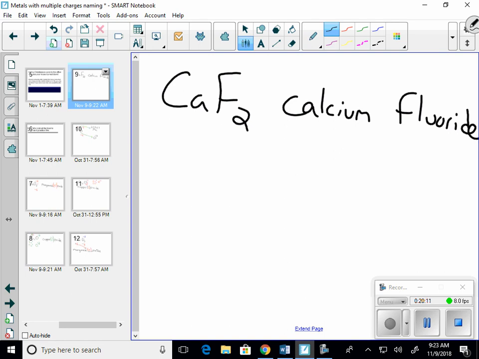How many charges does calcium have, the metal? Its charge is a 2. Does it have more than one little charge above it? No, it only has one possible charge. Because it only has one possible charge, that's it. We're done with that problem.